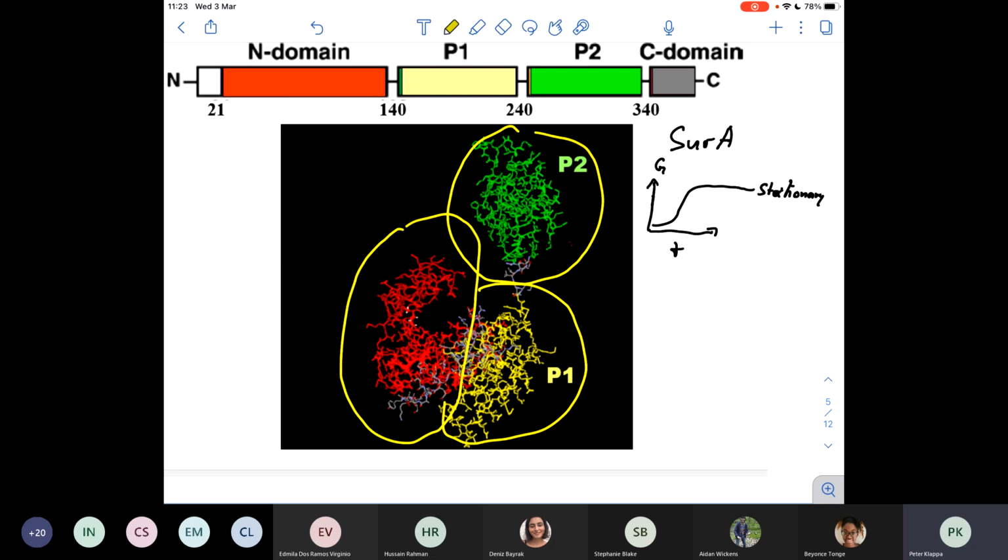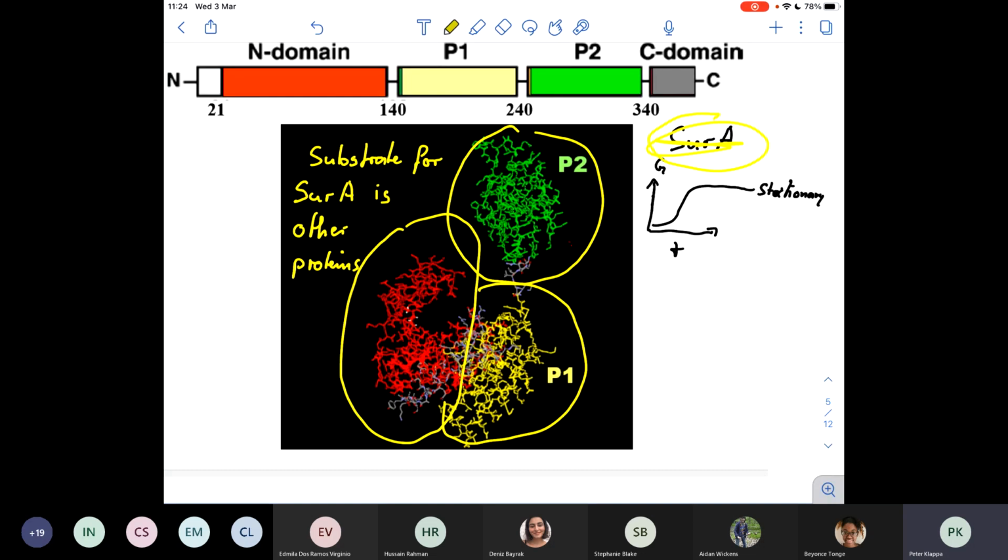Now, in this particular enzyme, it's noteworthy to mention that the substrate for SIR-A is other proteins. So SIR-A will bind to other proteins in E. coli and will do something with them.